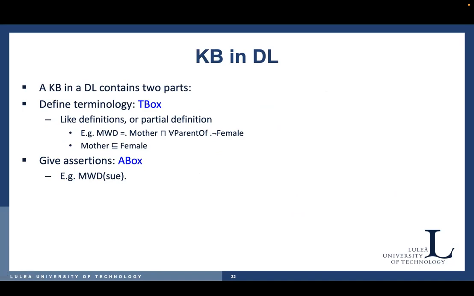So we have these T boxes. We can identify in a knowledge base parts corresponding to the definition of concepts, like mother with daughter is mother, and of all things. Now we will also talk about some semantics differences. All things who are parents of not females.